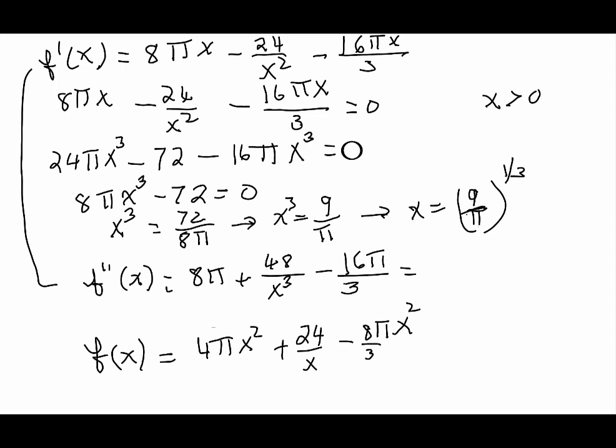So that's going to be 48 over x cubed, and then 8 pi minus 16 pi over 3, 24 minus 16 is 8, so plus 8 pi over 3.